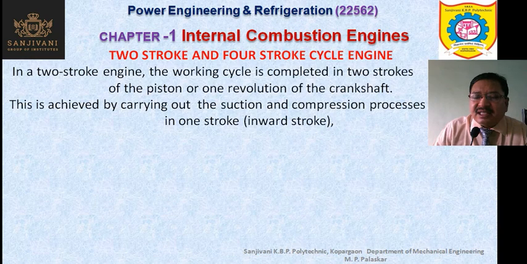In case of a vertical engine, we say the piston moves from the bottom dead center to the top dead center. So during this motion of the piston, the suction as well as the compression is carried out. Both the processes are almost completed in only one stroke.